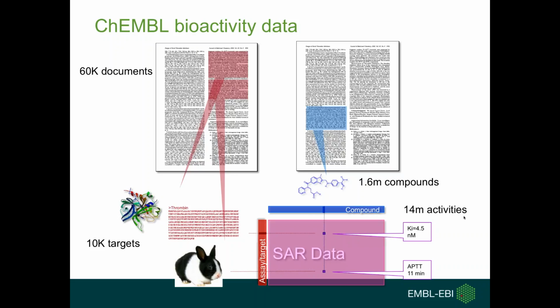We extract all of the quantitative bioactivity data from those publications. So this is not just binding data such as Kis, this is also data from functional assays and also ADME and toxicity measurements. We put this all into structured form so that people can search by target, by compound, and pull back the types of data that they're interested in.